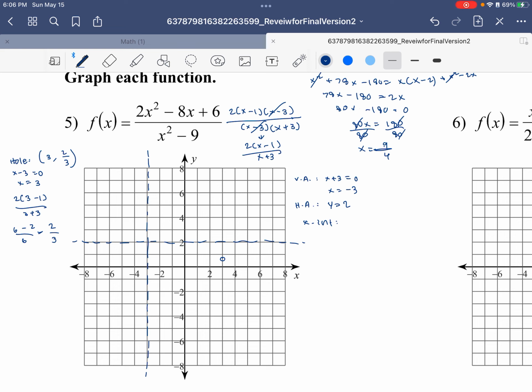So let's solve for the numerator, which is, is it 1? Yeah, because we have 2x minus 1 equals 0. Divide 2 on both sides. 0 divided by 2 is just 0, so you have x minus 1 equals 0, x equals 1. So the x-intercept is going to be at 1.